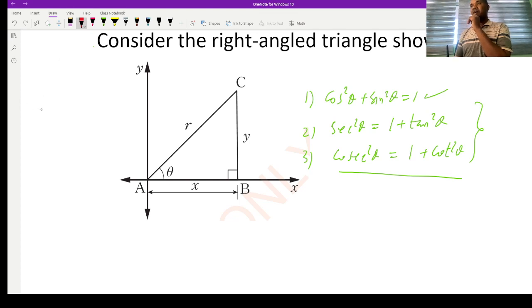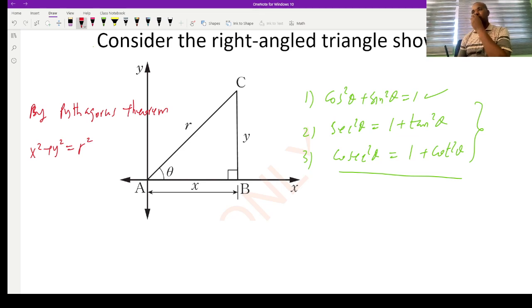By using Pythagoras theorem from this triangle, we can easily see that x square plus y square equals r square.